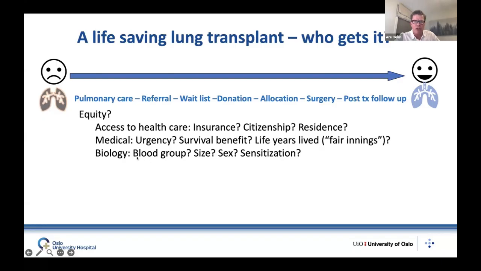And do we have biological inequities, such as blood group? We heard about that. It's not a good idea to have a blood group that fits everyone else. Size, sex, sensitization. And then there's efficiency. I'm not sure if that is the same, so I put it separate from equity. Distance, placement, efficiency, as you call it, and cost. Does that matter in who gets a lung in the end?